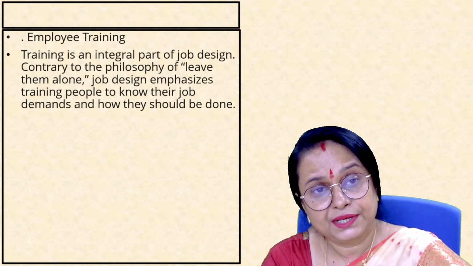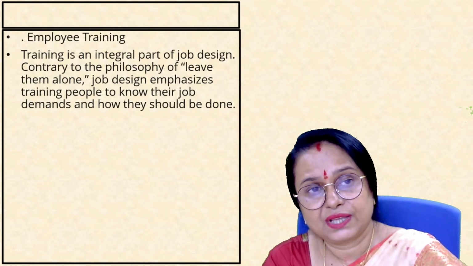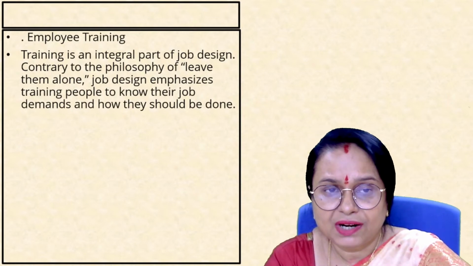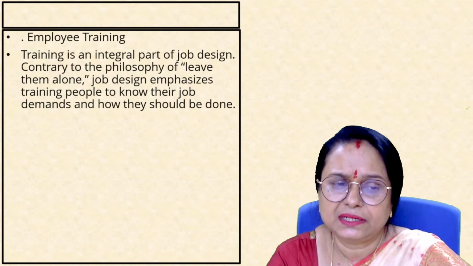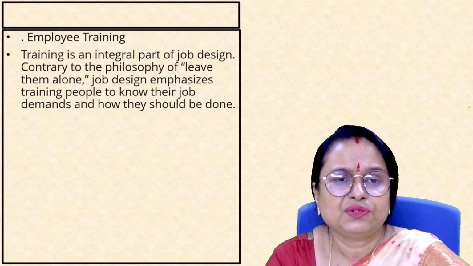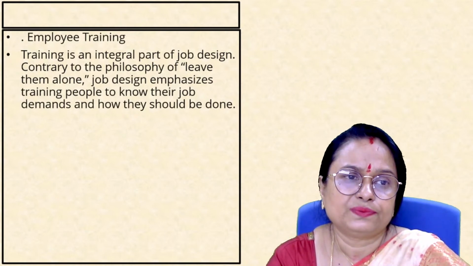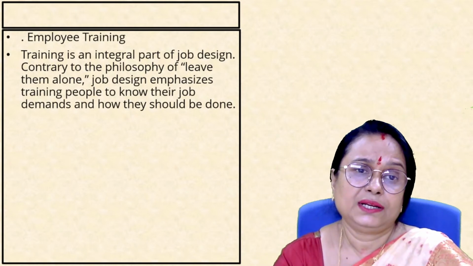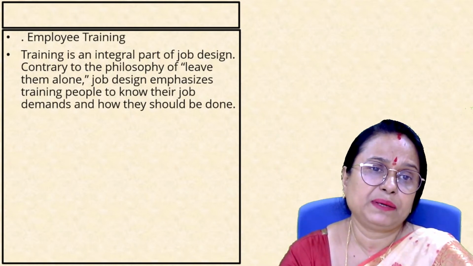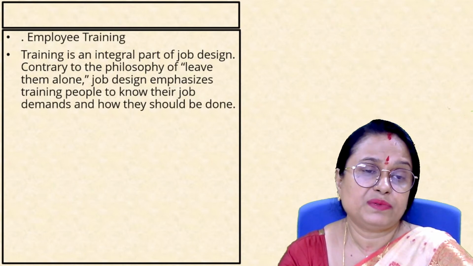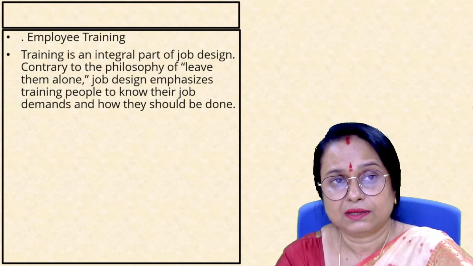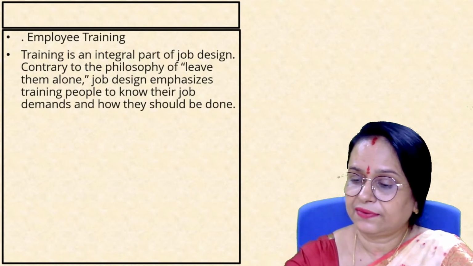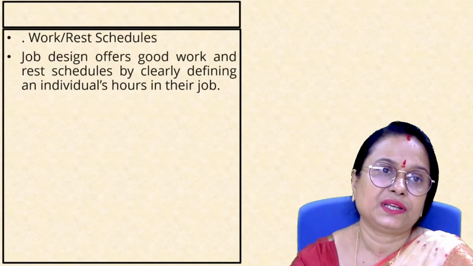Organizations arrange training for their employees, and they want the employees to grow simultaneously, so that the organization will also grow. So, it emphasizes training people to know their job demands and how it should be done. So, that is the significance of employee training.